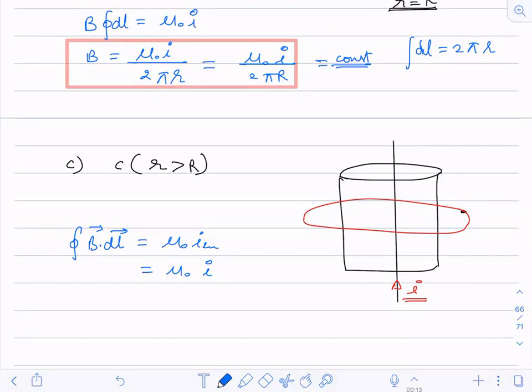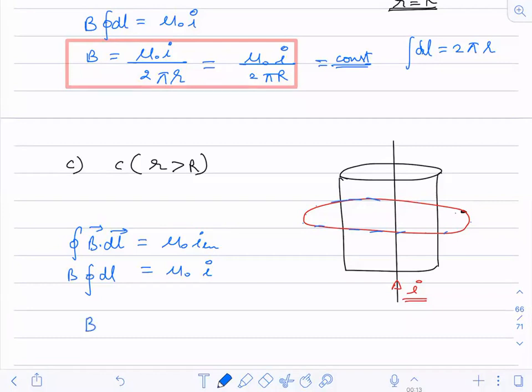If I take the B value at all the points on this loop, since they are at the same distance from the conductor, the B value will be the same. You can take it outside, and now you can integrate dl for a closed loop.